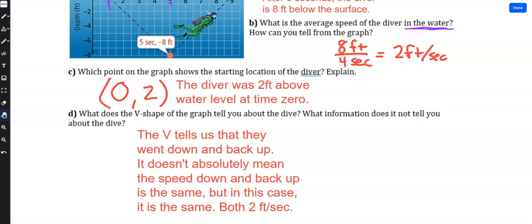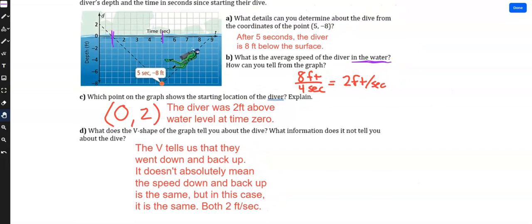Now, it also says what information does it not tell you about the dive. Do not think that this picture tells you that he actually was diving in a V-shaped pattern. We are just measuring depth and time. Because we put it on a graph where we put the depth on the vertical axis and the time on the horizontal, it looks like he went at this angle and then came back up at this angle.